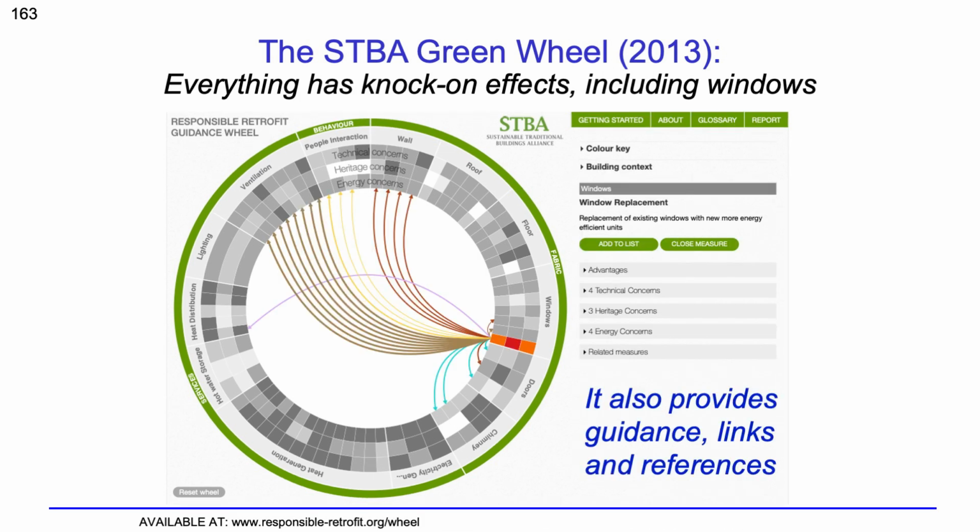So if you did a window, for example, I think this was a window replacement, suddenly the green, amber, and red lights come up all amber and red. We're a little bit worried about technical performance, we're a little bit worried about cost effectiveness, and we're terribly worried about heritage value.